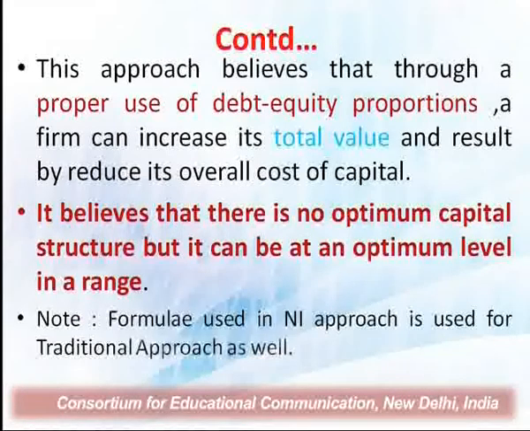This is what the traditional approach is telling you. Remember, my dear students, there is no additional formula for computation of value as per the traditional approach. We make use of the same formula which we used in the NI approach. So the formula used in the net income approach is going to be used for the traditional approach as well. In this way, we understood theoretically what is there in the traditional approach.